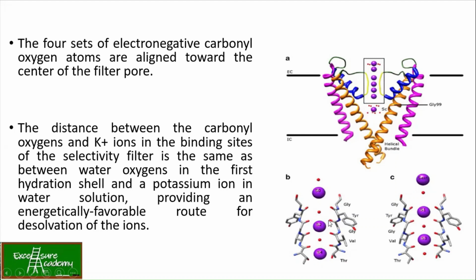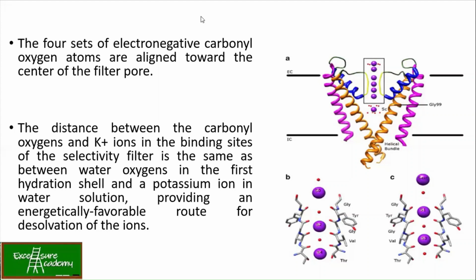Okay? So the distance between the carbonyl oxygen and the K plus in the binding sites of the selectivity filter is the same as between the water oxygens in the first hydration shell and the potassium ion, and hence they are able to form an energetically favorable route for desolvation of the ion. So इसका क्या मतलब हुआ?